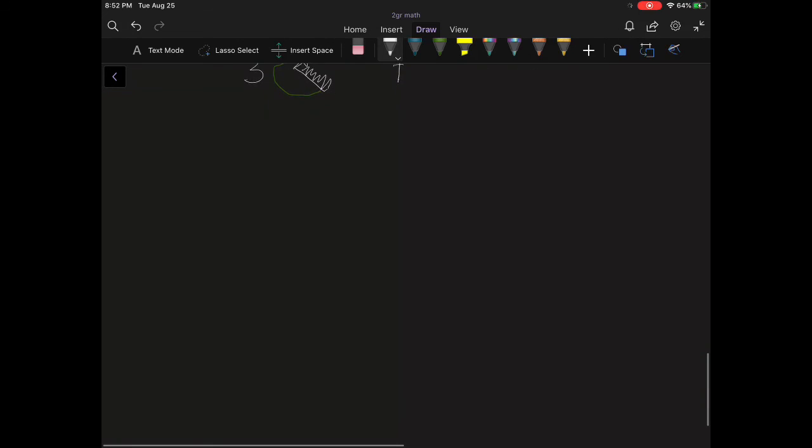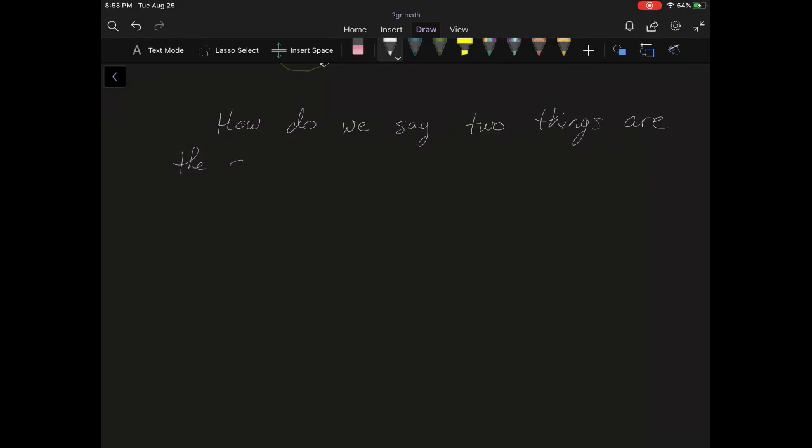Okay. Now, we have a way of comparing two numbers by saying which one's bigger than the other. But how do we say two things are the same? Okay. And the way we do that is we say they are equal.